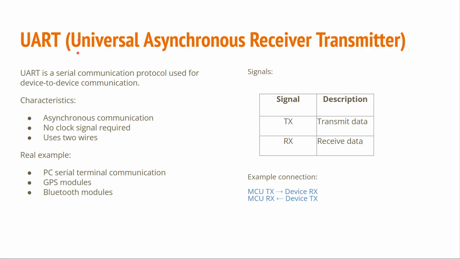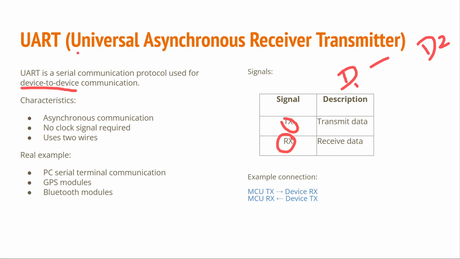In general we mention it as a two-wire system because it has a TX wire and an RX wire. TX is the one used to transmit the data. RX is the one used to receive the data. It is a device to device communication protocol, and here we can again take device 1 and device 2.